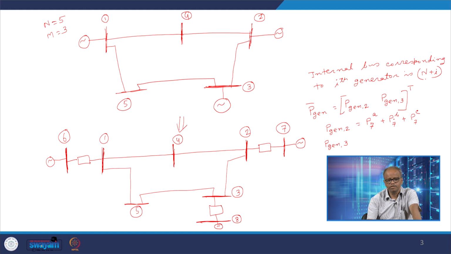Similarly, P7B is real power injected by the generator at bus 7 corresponding to phase B, and this is corresponding to phase C, right. So let us write that, it is our usual notation we are following.